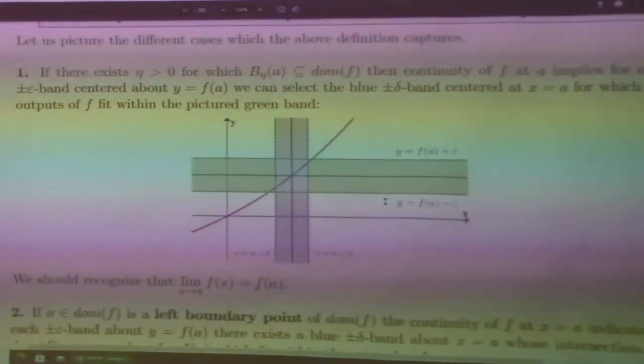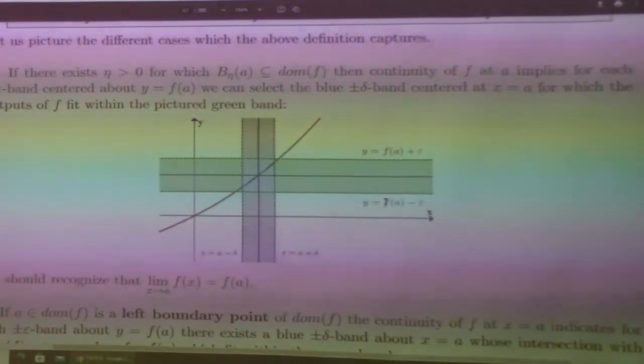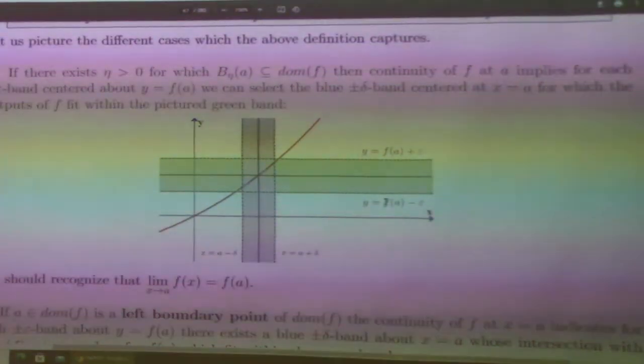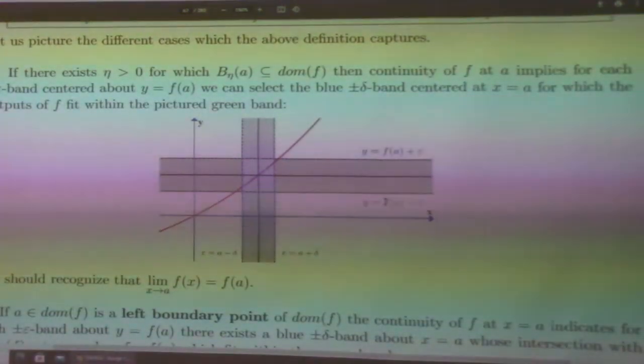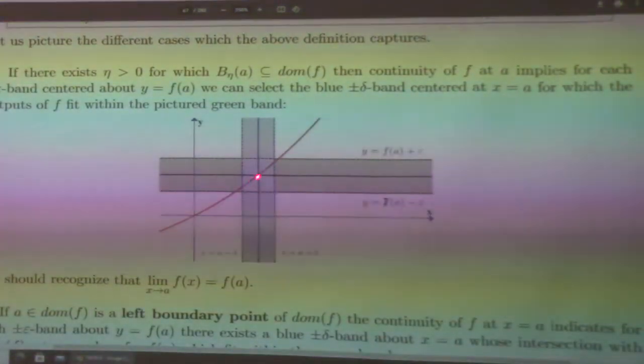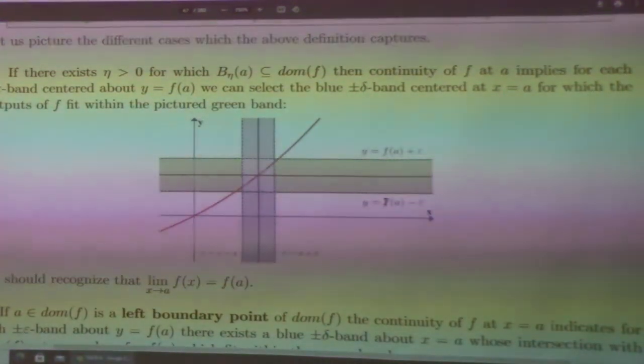All right, so here's kind of the plain. If the function is continuous, what that means is at the point a, you can look at a green band around the point, and you can fit the graph inside the green band by picking a blue band which is skinny enough.